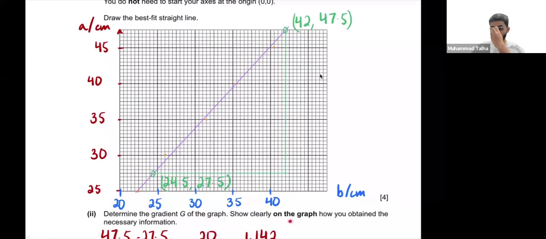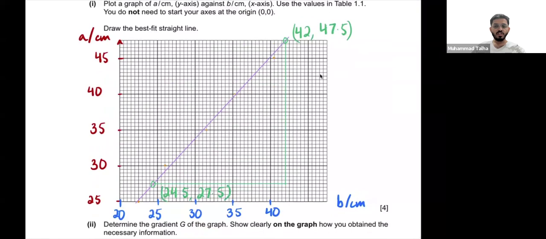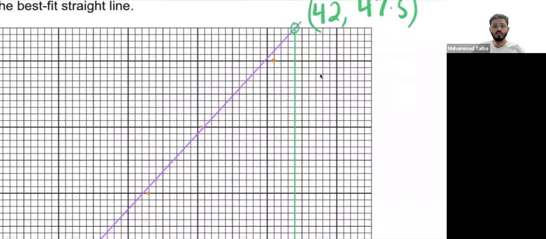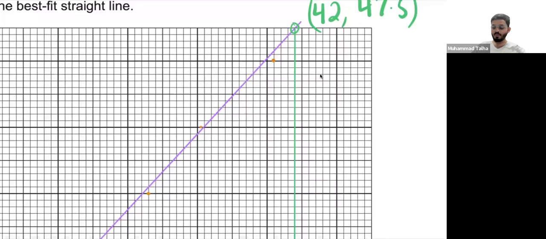Determine the gradient of the graph. Show clearly on the graph how you obtained the necessary information. So gradient is change in y over change in x. I just need 2 points. Again, when you have the line of best fit, look at those points which very clearly lie on the line. So for example, this point was right on the edge of a box, so I took this.